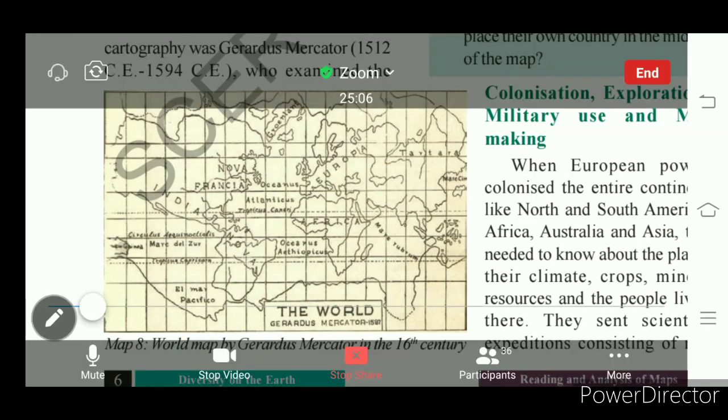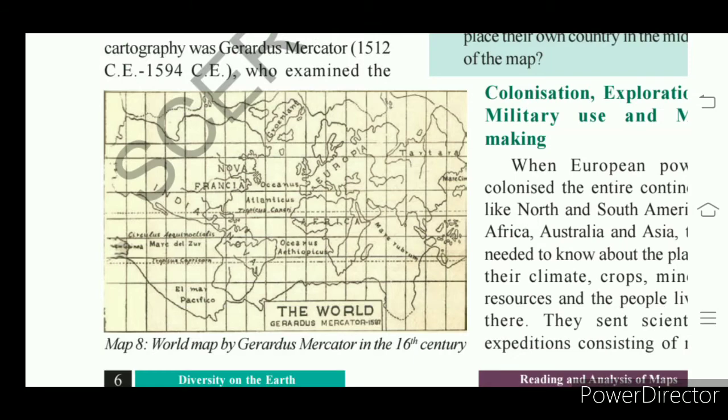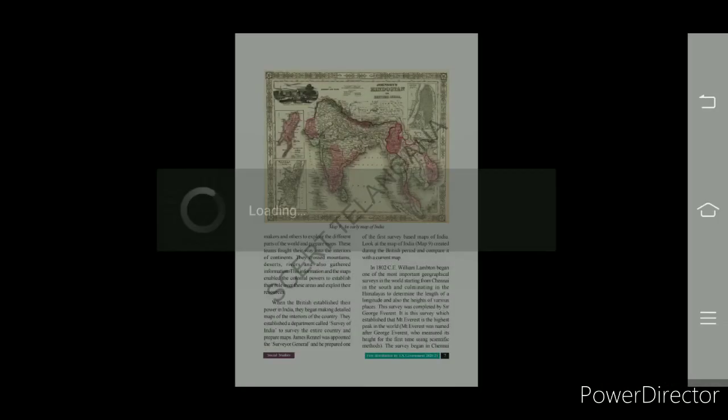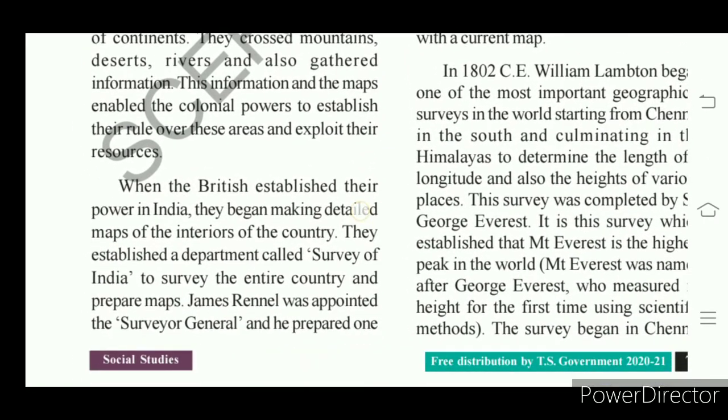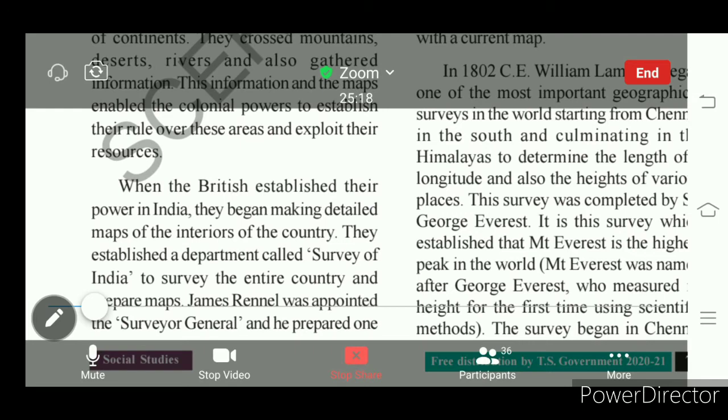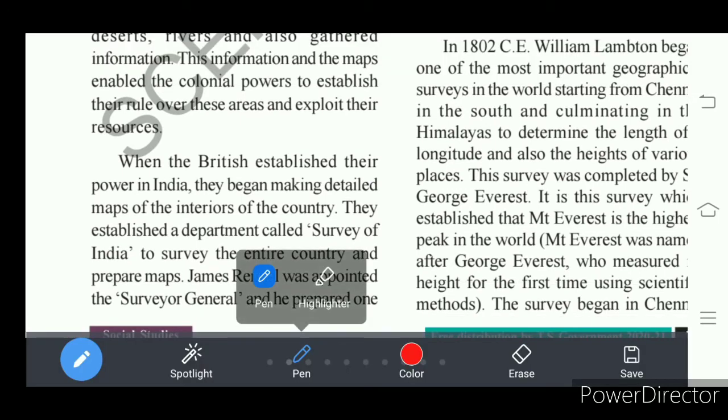So when the British established their power in India, to make maps of India very accurately, they established a department called the Survey of India.